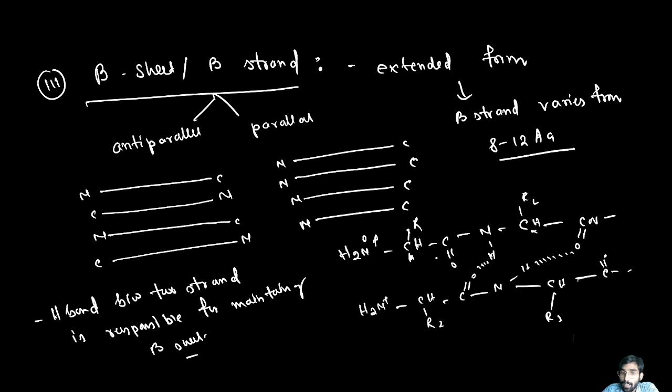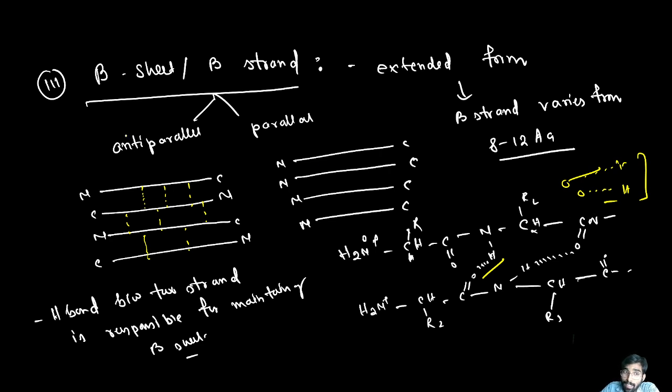Okay, in the case of anti-parallel and in the case of parallel, you can see the hydrogen bond. In the case of parallel, the hydrogen bond angle has some strain. It's not exactly 180 degrees. But in the case of anti-parallel, you can see the hydrogen bond is like that, 180. And a hydrogen bond always prefers a simple 180 degrees.